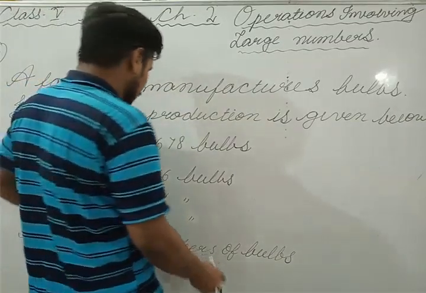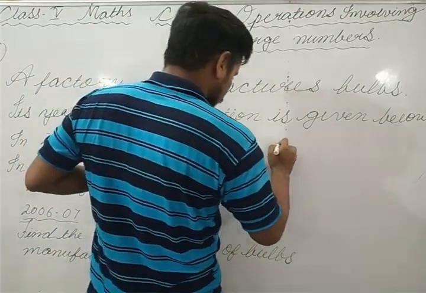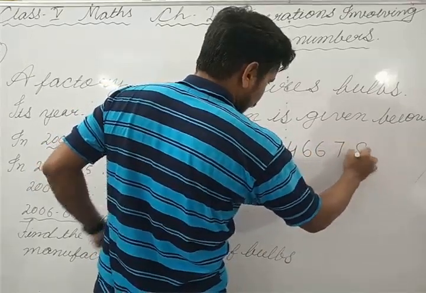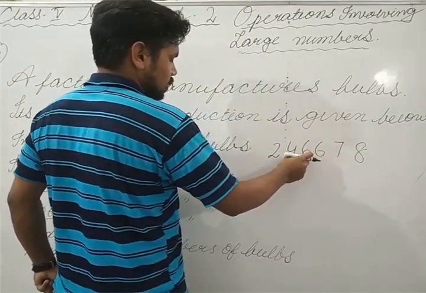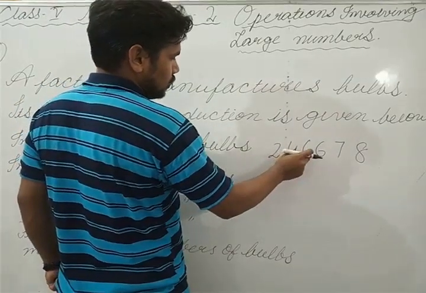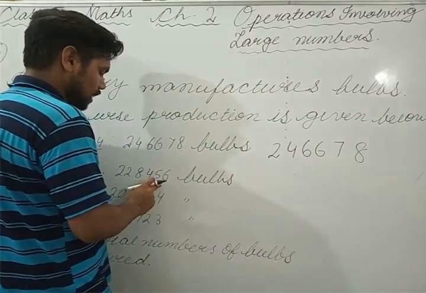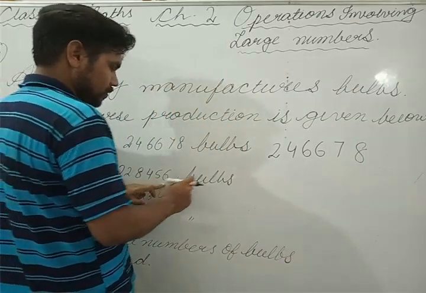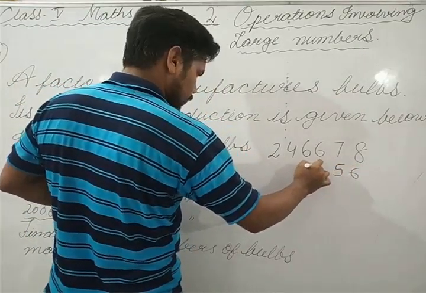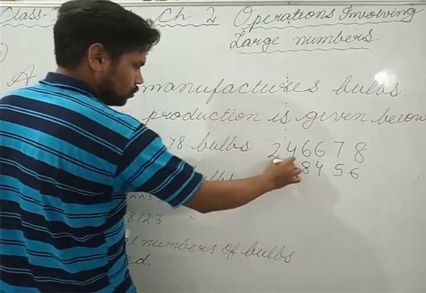Just look at the numbers, arrange all of them and add by yourself. So the numbers are, I am writing, for 2003 to 2004 we have 2 4 6 6 7 8, that is 2 lakhs 46,678. Next which we have is this much. We will start writing from the ones period. So 6 5 4 8 2 2.